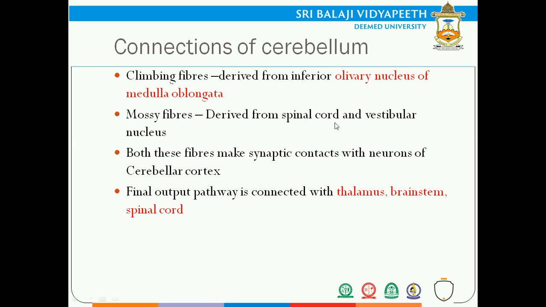The fibers that connect the spinal cord with the vestibular nucleus in the brainstem are the mossy fibers. These fibers make synaptic contact with neurons of the cerebellar cortex, and the final output pathway is connected with thalamus, brainstem, and spinal cord.